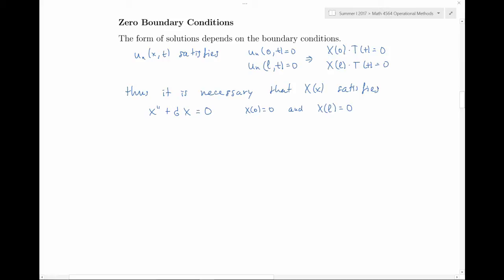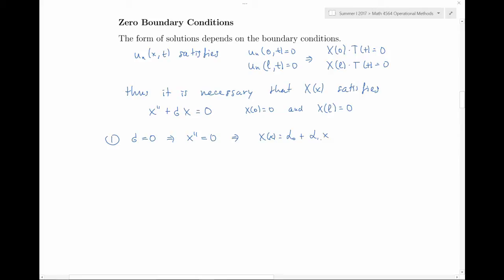There are several possibilities for what kind of solutions we can get from a second-order equation. The first possibility is that what if sigma is 0? Then we get that X double prime should be 0. That means that X of x can only be a linear function. It's alpha 0 plus alpha 1 x.